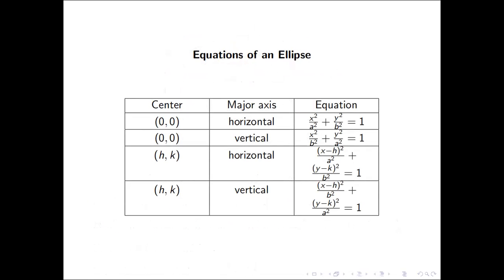So now we go to equations of an ellipse. As I have said in the previous lecture, all that you are required to know is how to identify whether a given equation is an equation of a parabola, of an ellipse, or a hyperbola.